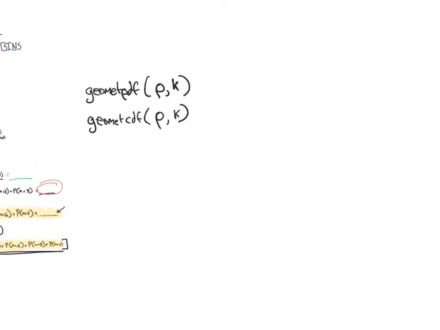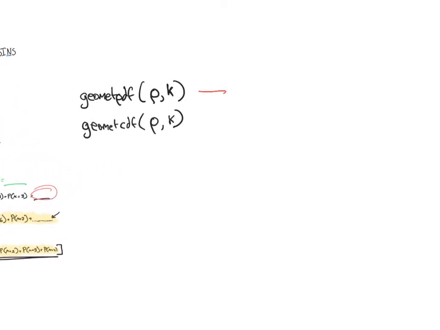All right, when do we use what? Well, remember, just like binomial, the PDF is for an exact. And then CDF is for cumulative, for up to and including the K number.